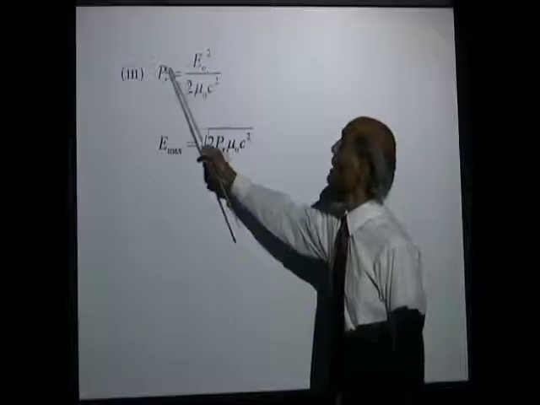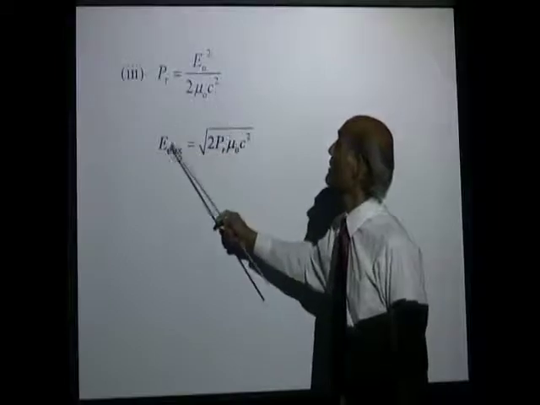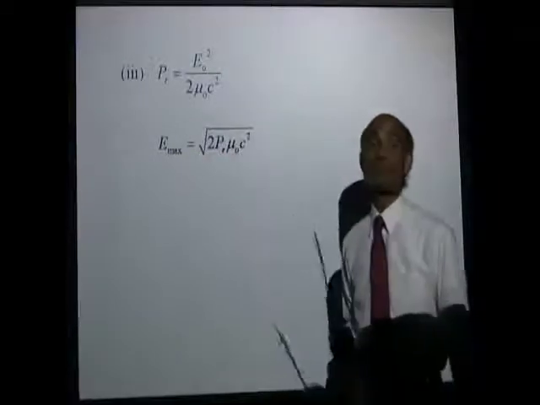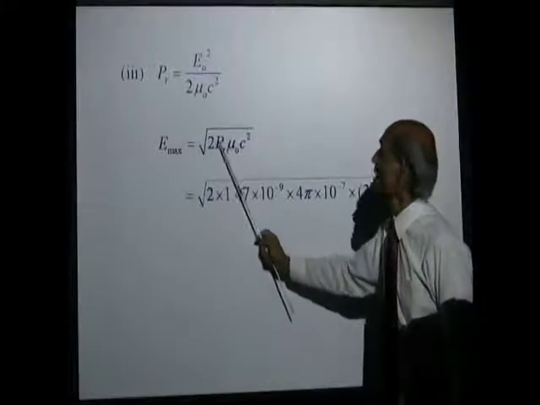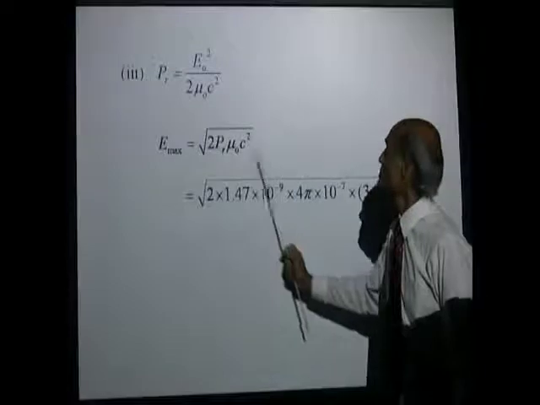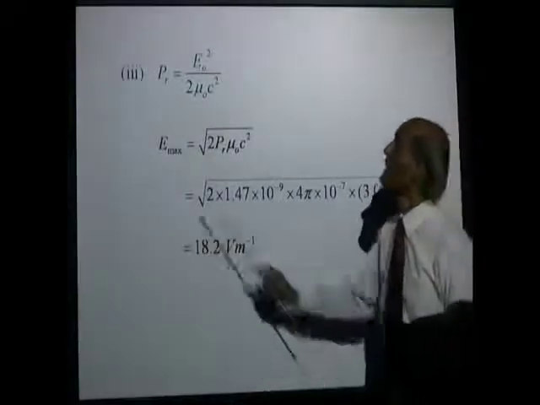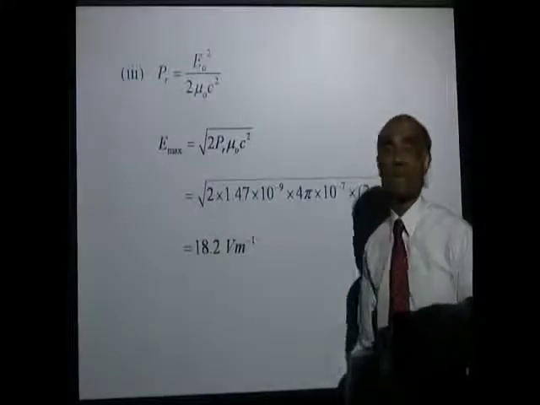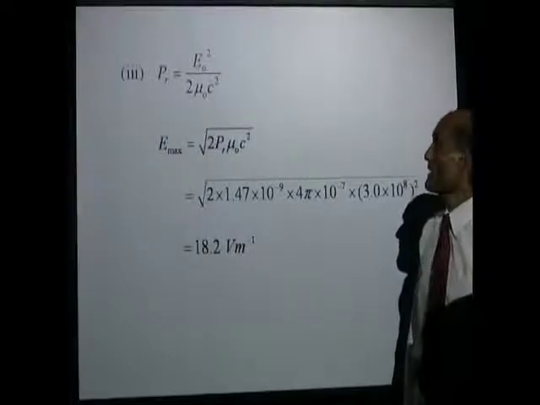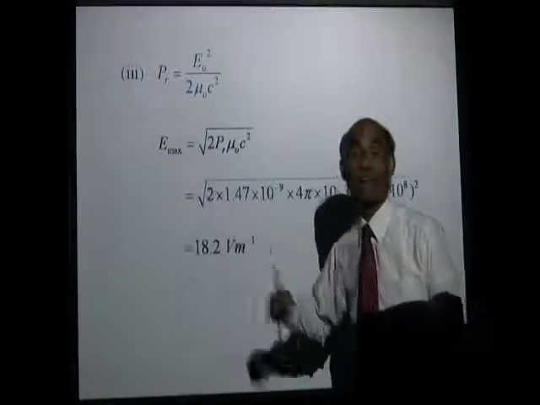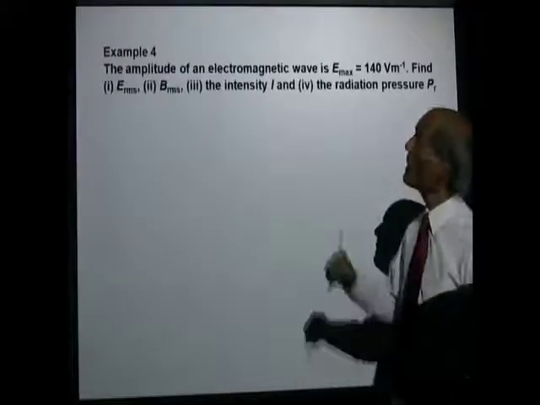But E0 squared is 2 P_R mu 0 C squared. Therefore, E max is the square root of that quantity. We just calculated the radiation pressure. We know mu 0 and we have C squared. That gives you E max, the maximum electric field, as 18.2 volts per meter. Now, in the same way, you can calculate the magnetic field. I think I'm going to leave that for you and go to another problem.